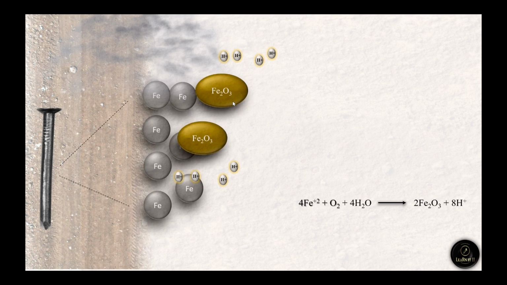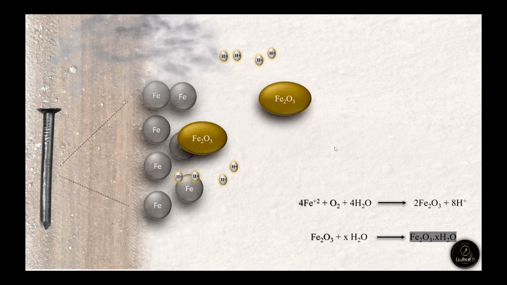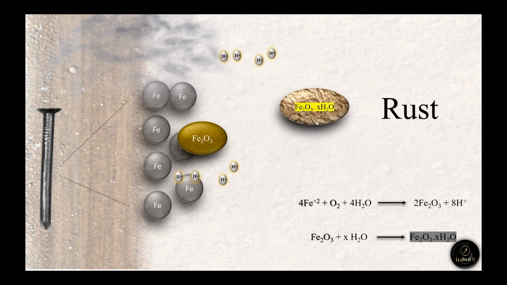When one Fe2O3 reacts with a certain number of water molecules, then rust, that is Fe2O3 x H2O, is formed. This rust accumulates on the surface of the iron nail.